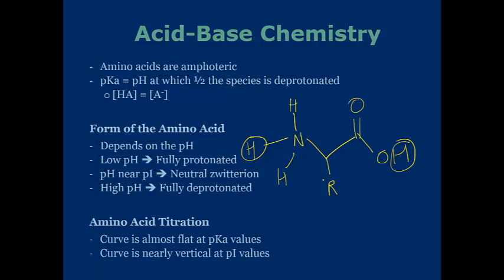And as they come off, it's going to change. So for this one right here, this is going to have a positive, but upon removal, we're going to have a neutral here, and upon removal here, we're going to have a negative, which is why we say that there can be two charges noted. This can either have a positive amino or a negative carboxylic acid group. So just take note of that.